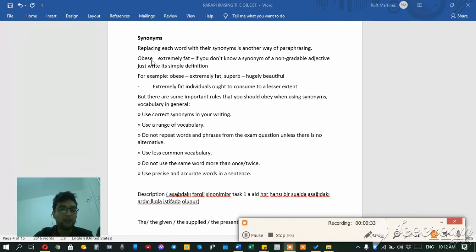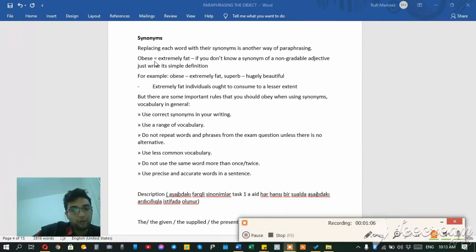For example, in the example above, the word obese means extremely fat. And in order to find synonyms, the main point here is, if you don't know the synonym of an adjective, you can just write the explanation of it.